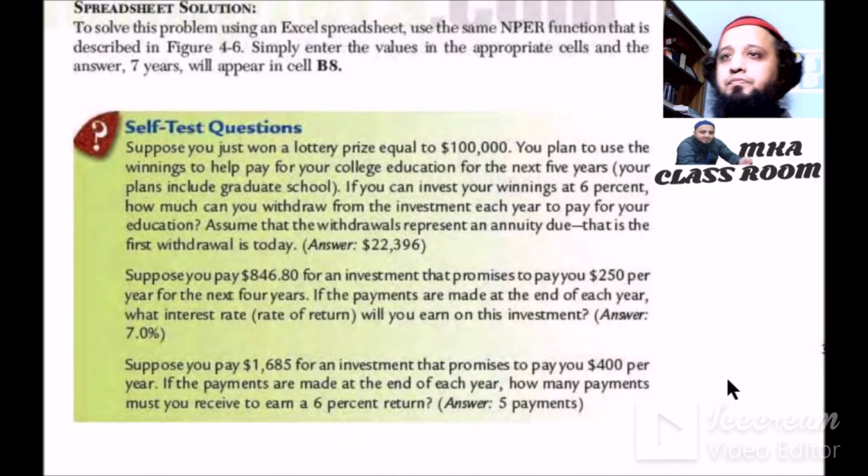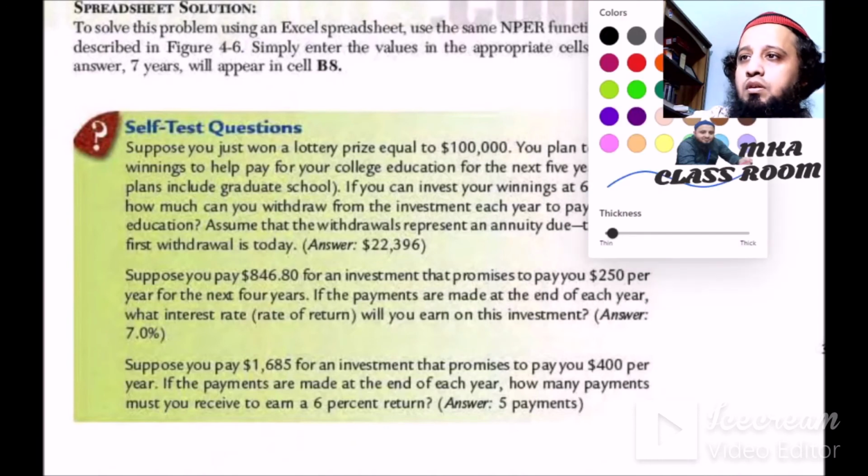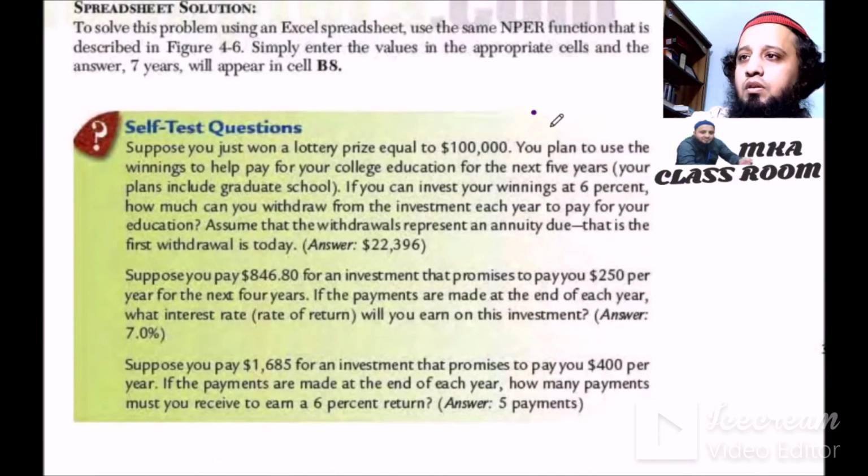Now we will see, suppose you just won a lottery prize equal to 1 lakh. Your plan is to use the winnings to help pay for your college education for the next 5 years. Your plans include graduate school.